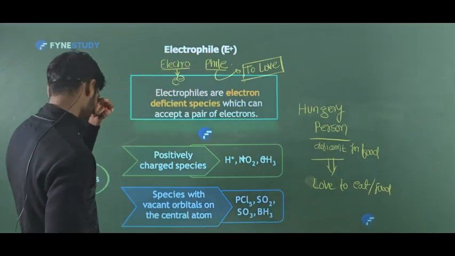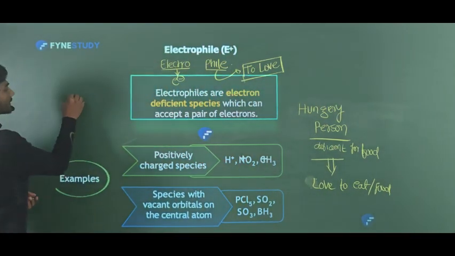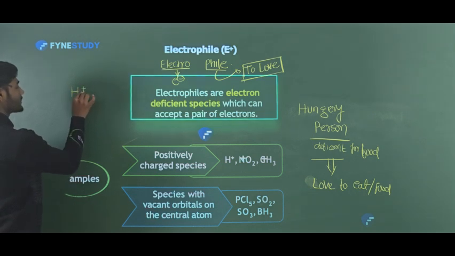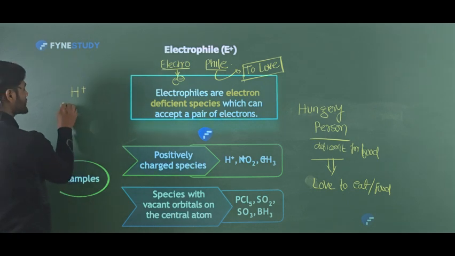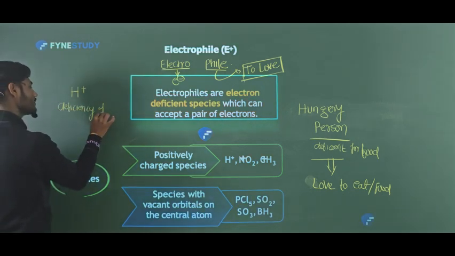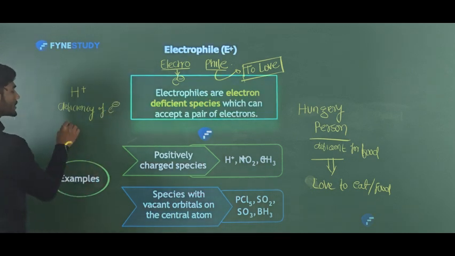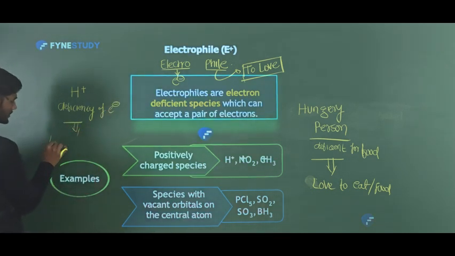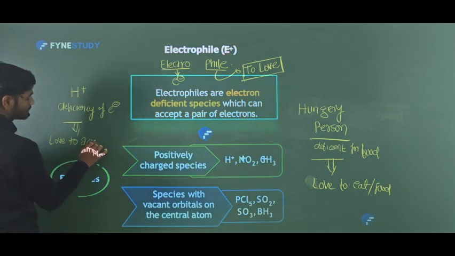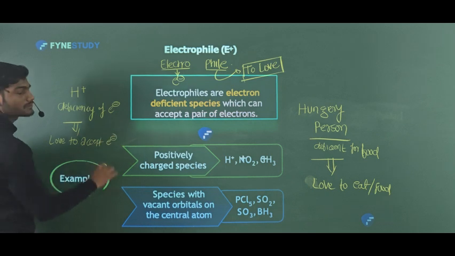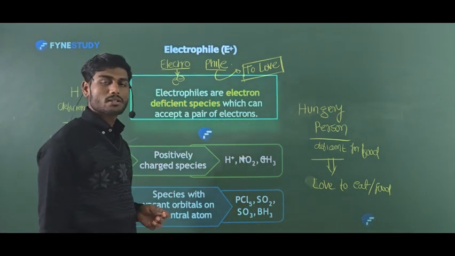Same thing goes here also. Let's take an example of H plus. This is a species which has a deficiency of electrons, so it will love to accept electrons. I hope you understand.